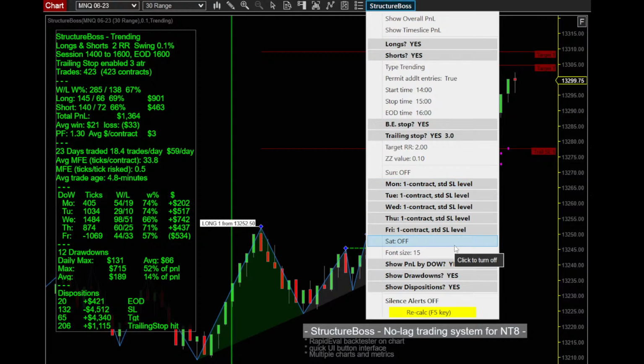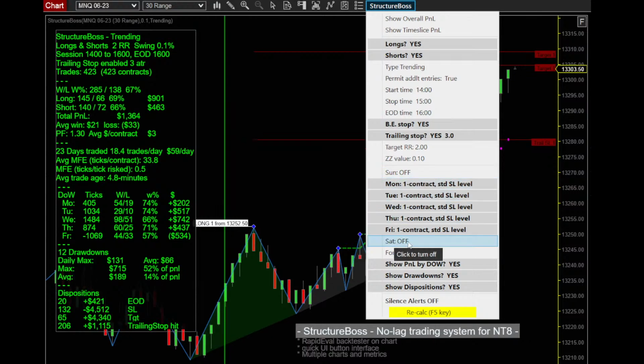And lastly, I want to go over the risk per trade, which is right here. In this section, for each day you can separate different risk profiles: Sunday, Monday, Tuesday, Wednesday, Thursday, Friday, and even have Saturday here for people who might be trading cryptos. And oh yes, StructureBoss does work well for cryptos.